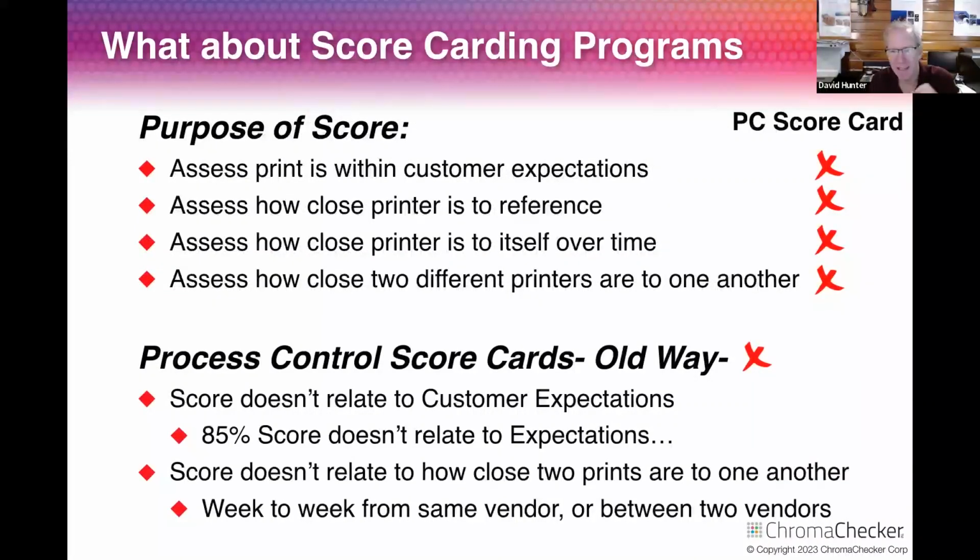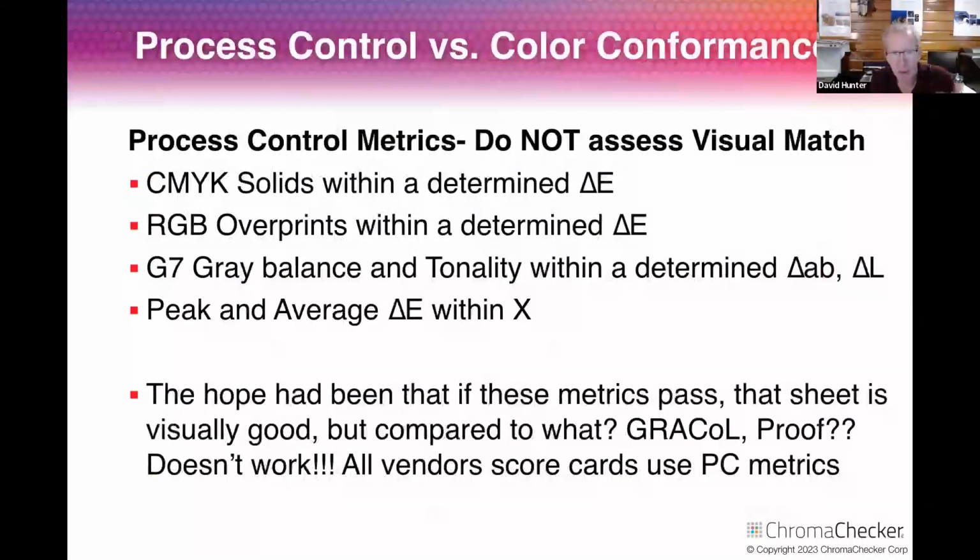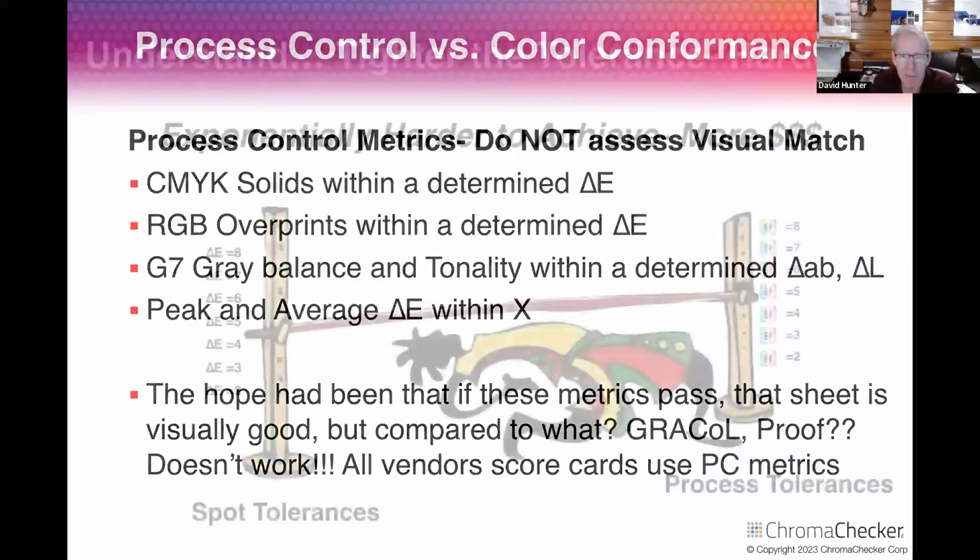So in this way, scorecards aren't very good at defining waste or sellability, or even if it's going to meet the customer's needs and demands. It's really an old school way to quantify color, whereas E-factor is much better because it's taking the essence of the color, of the perceived visual color that a person is looking at, and calculates if it's within their predefined expectations that we've quantified using our E-factor exercise.